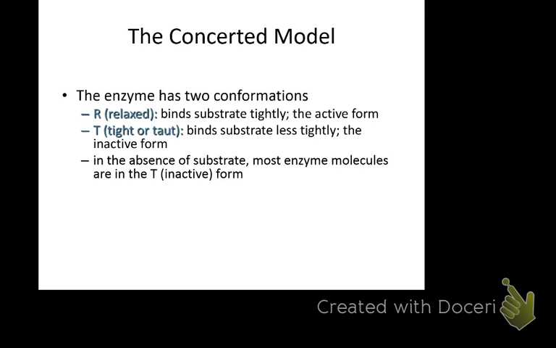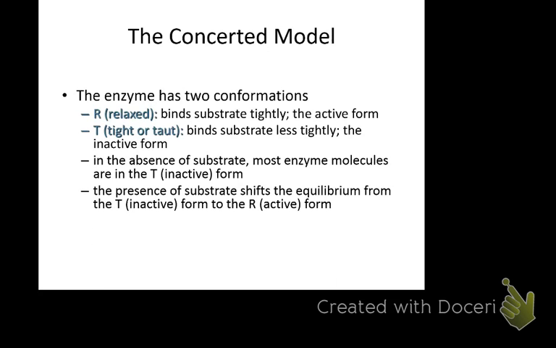In the absence of the substrate, there's an equilibrium going on, so most of the enzyme is going to be predominantly in the inactive form, the T state. However, whenever you add the substrate, it causes a change in the equilibrium to come on over and form the R state. So let's say that we have something that, in the simplest case, has to have at least 2 subunits.